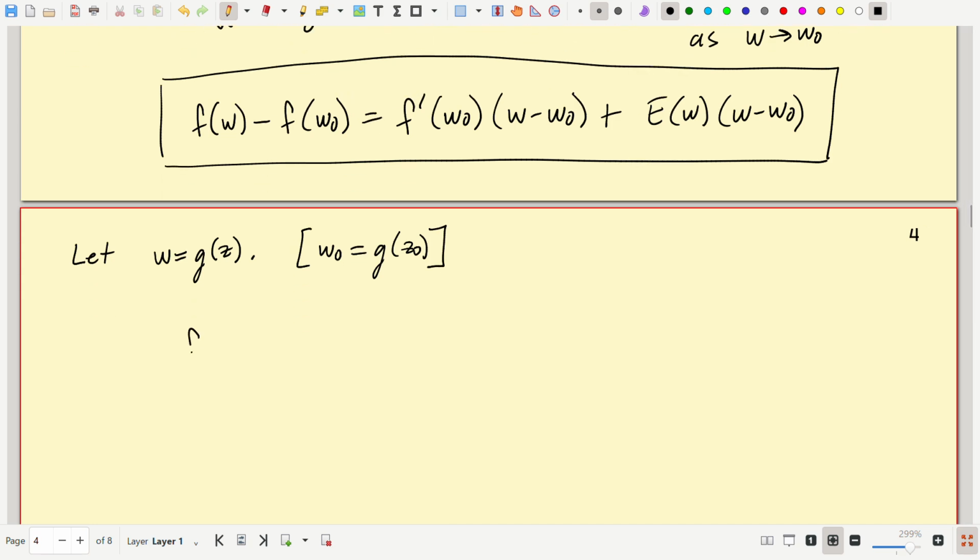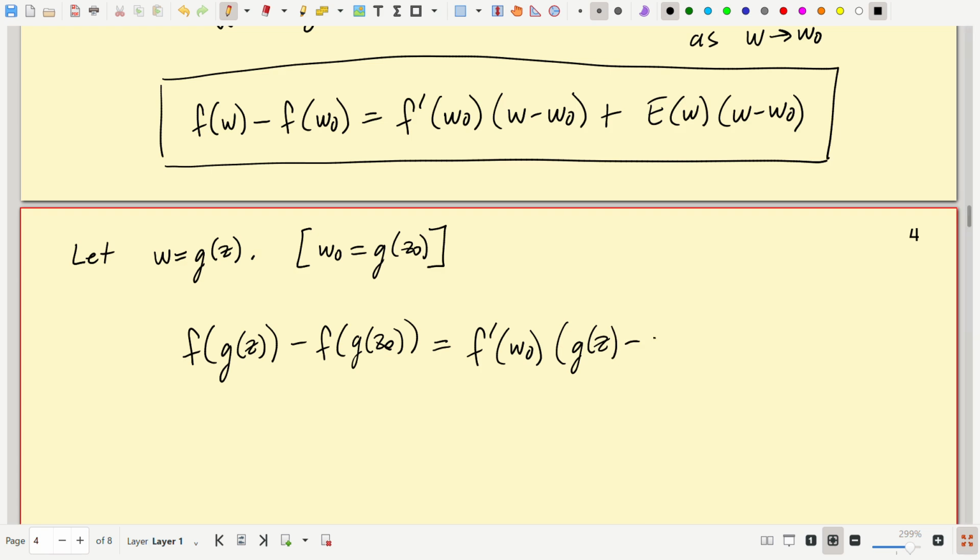So then I would have f of G of Z minus f of W naught equals f prime of W naught times G of Z minus W naught, which is G of Z naught.